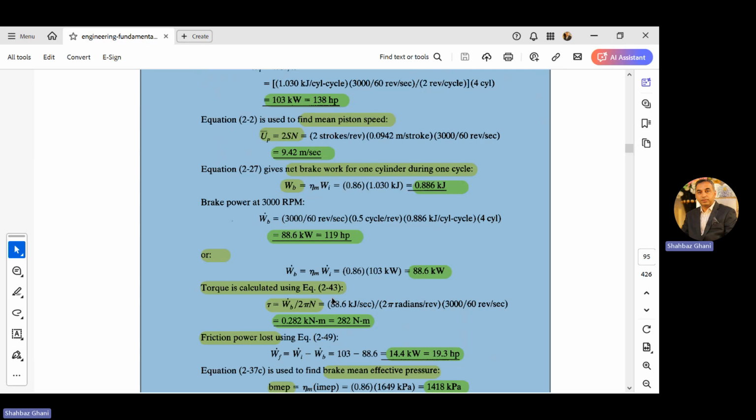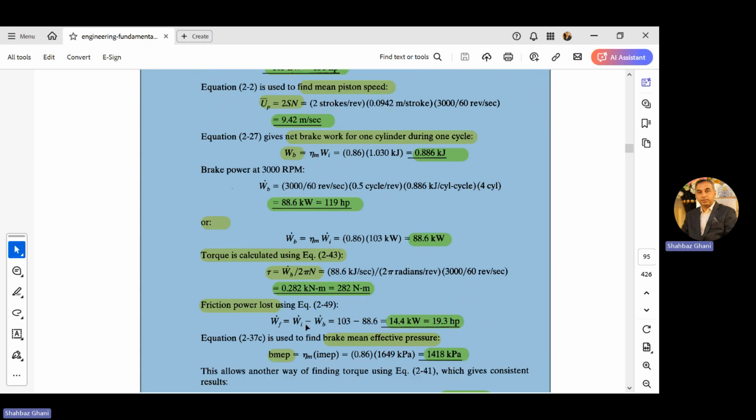Now, after finding the work and power, we come to the torque. Torque is your brake power divided by 2 pi n. So the brake power we have calculated, 88.6, divided by 2 pi radians per second, with the number of revolutions per minute converted into seconds.